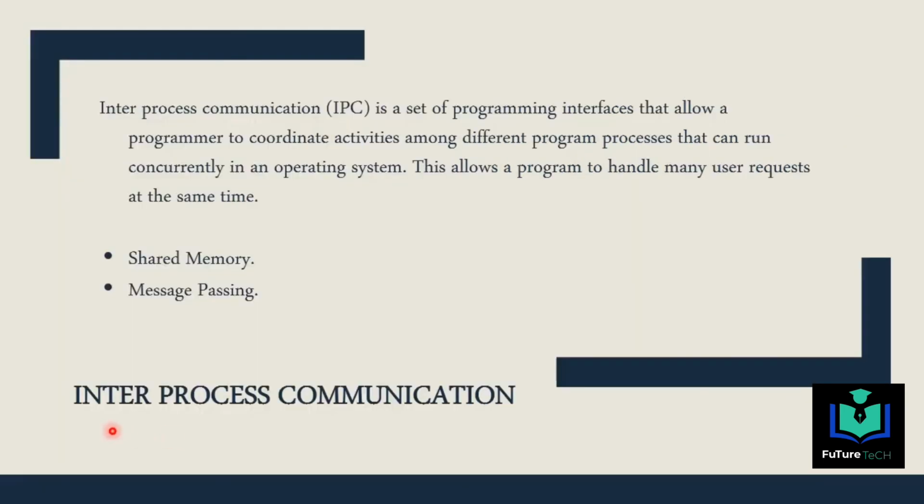So the next topic is inter-process communication. What do you mean by inter-process communication, IPC? It is a set of programming interfaces that allows the programmer to coordinate activities among different program processes that can run concurrently in an operating system.